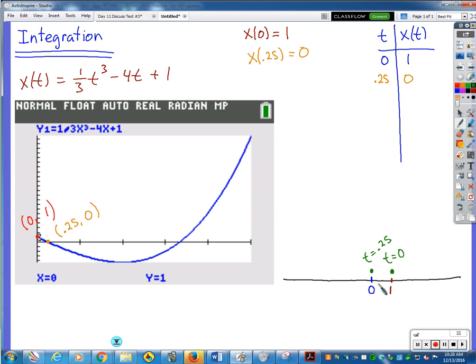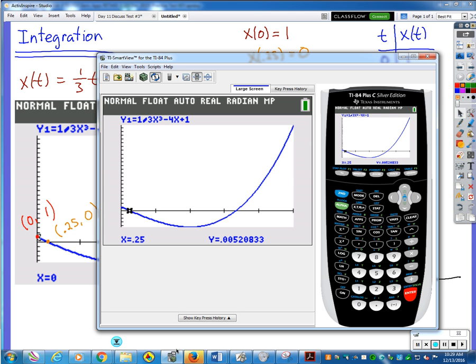Let's go to one other place here. Let's go to time equal 1. Let's go back to the calculator, hit trace, type in 1, press enter. It gives -8/3. I'm kind of a fan of decimals, not fractions, but that's up to you. How do you change it? I have to remember.